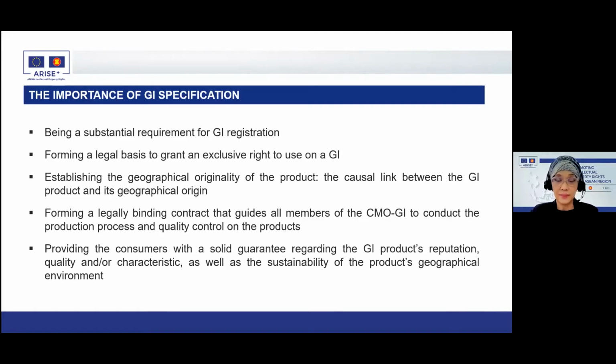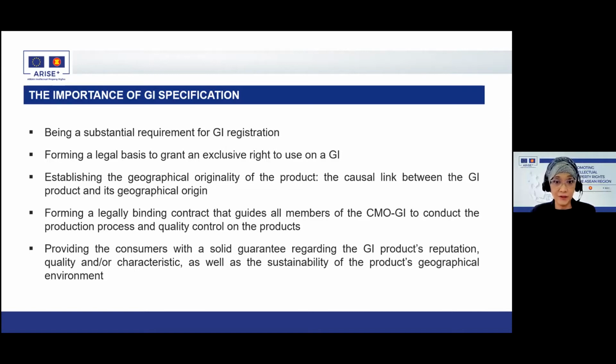This is what we have to remind ourselves, that the GI specification is not merely one requirement to obtain the right through registration. It is a legally binding contract within the members. So the members of the association should know the details, later after we draft it, should know the details about the specification, should know that they are bound by the rules and the specifications, and they cannot fail to implement the rules.